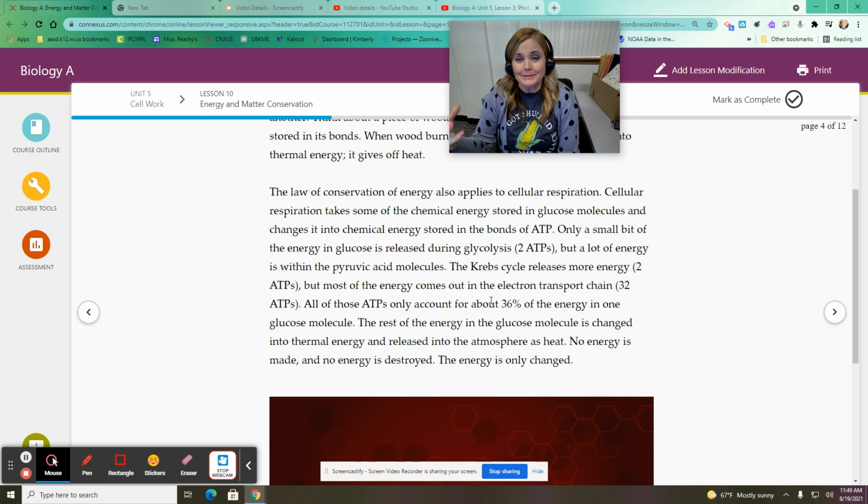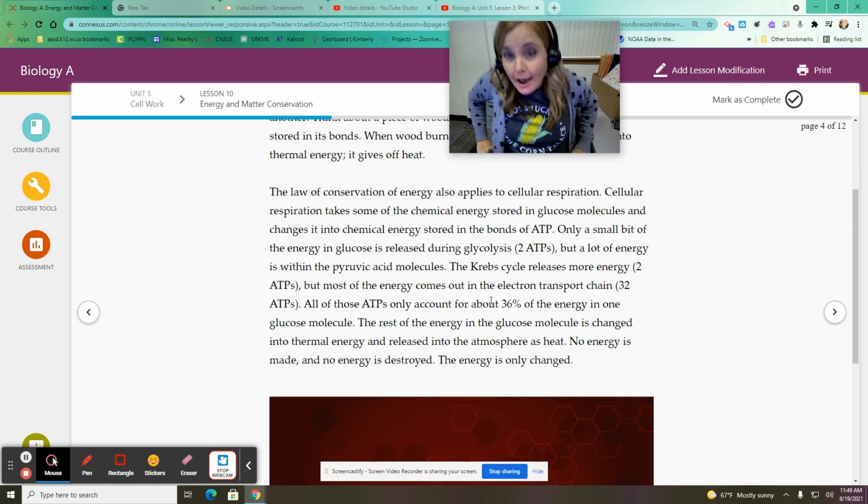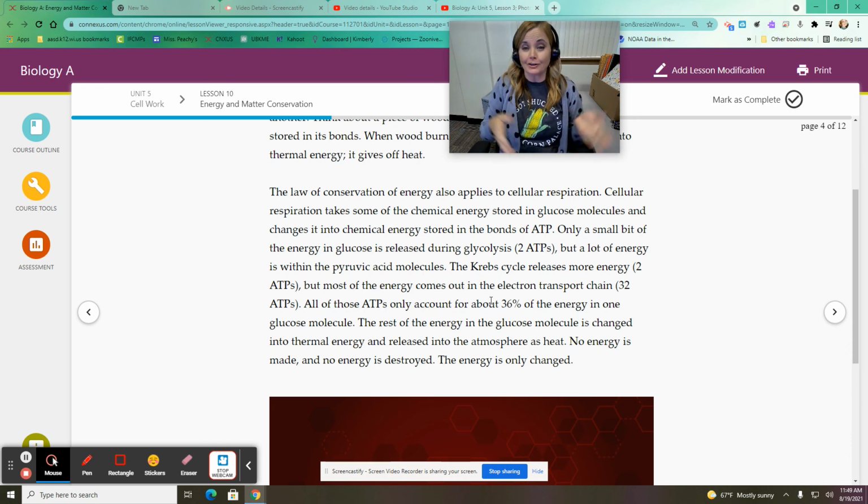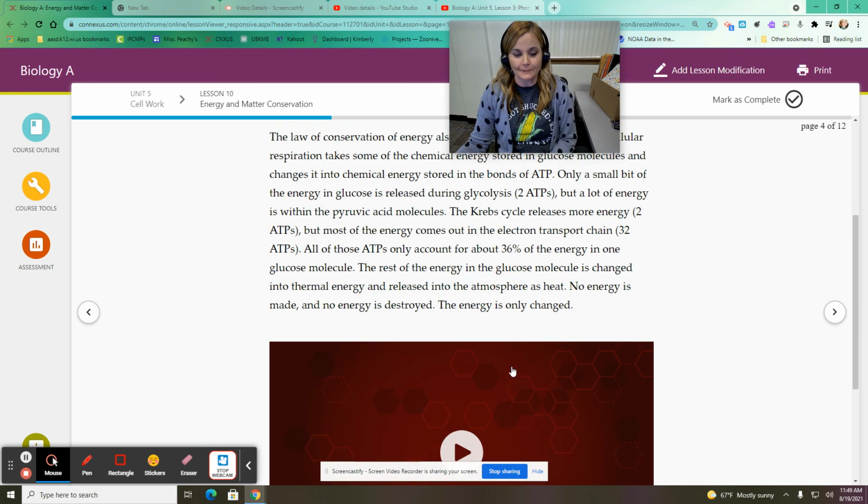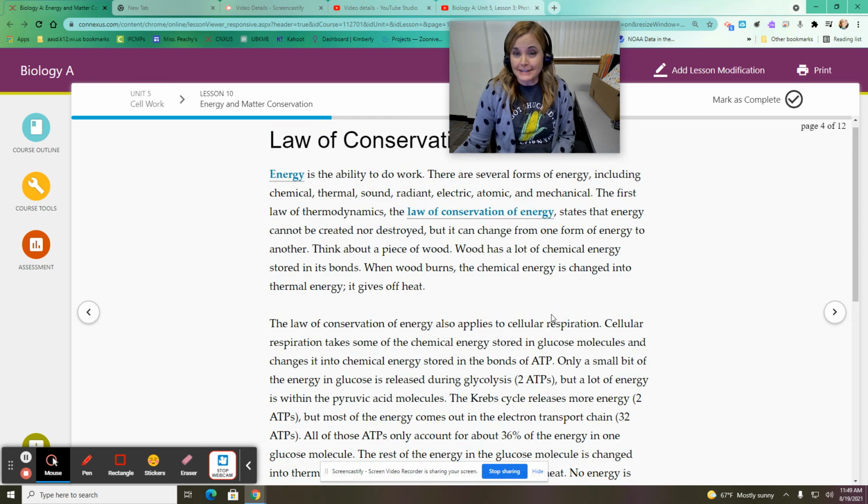You can use that energy to make your muscles move, right? Because that's a different kind of energy, but still, energy is just transformed from one form of energy to another. So that's literally the gist of this lesson, pretty simple and straightforward. Again, don't get hung up necessarily in the details and some of the vocab, but try to understand the overall concepts because that'll get you the furthest.